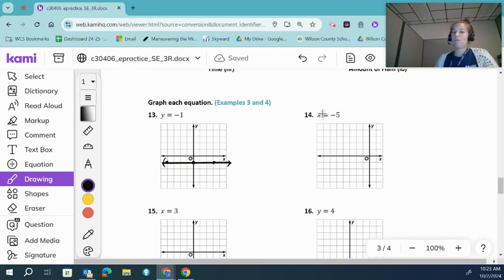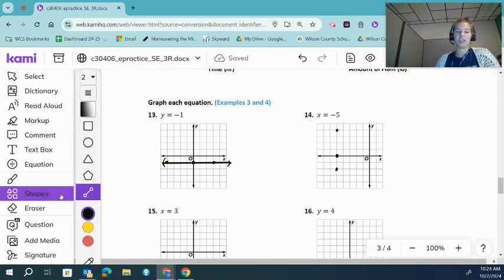Now, if we have x equals -5, same type of thing. X is always -5. So we are going to have a point at -5, 0, when y is 0. Then when y is -2, x is still -5. When y is 4, x is still -5.